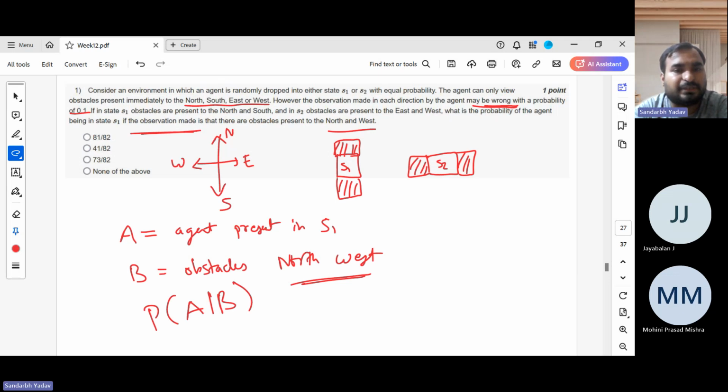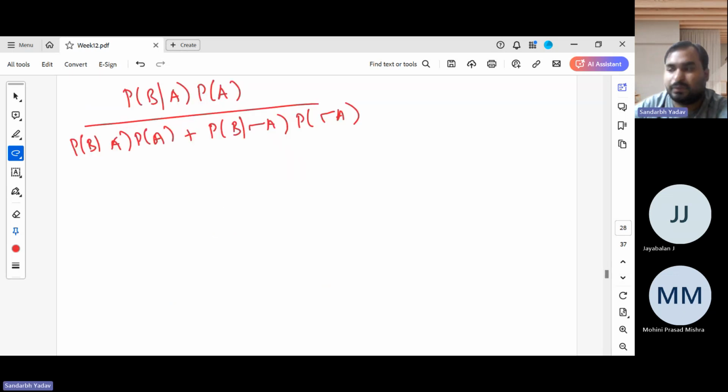A event is the agent is present in S1. They have also mentioned that the agent is randomly dropped into either state S1 or S2 with equal probability. So probability of S1 is 0.5 and probability of S2 is also 0.5. So probability of A is 0.5. And not A means if it's not in S1, then it must be in S2 because these are the only two states. So this is also 0.5.